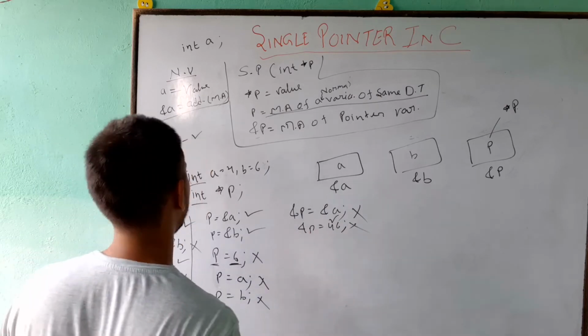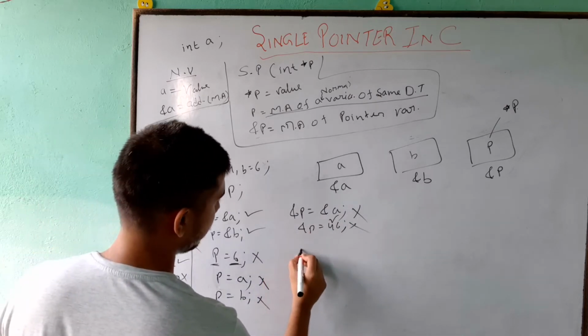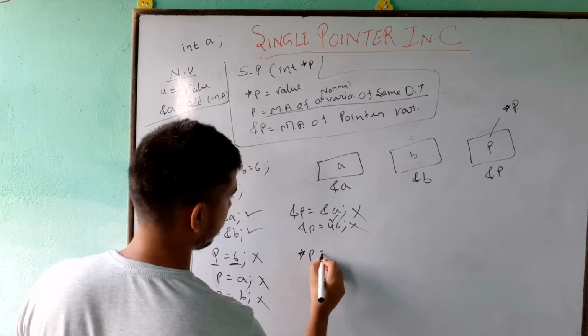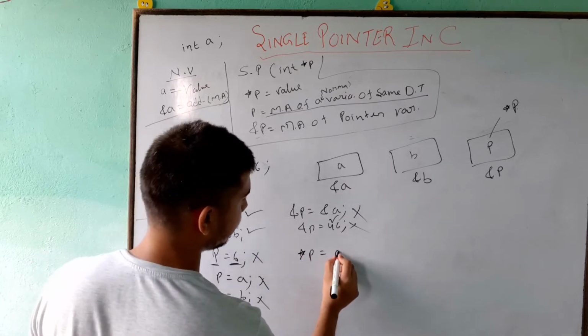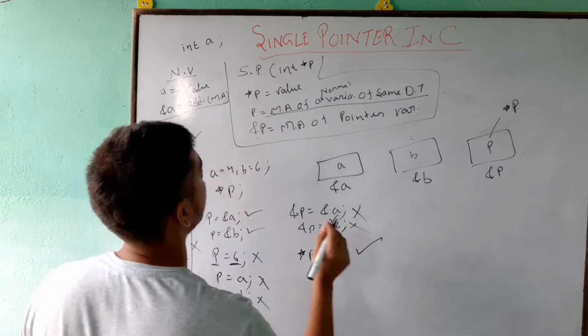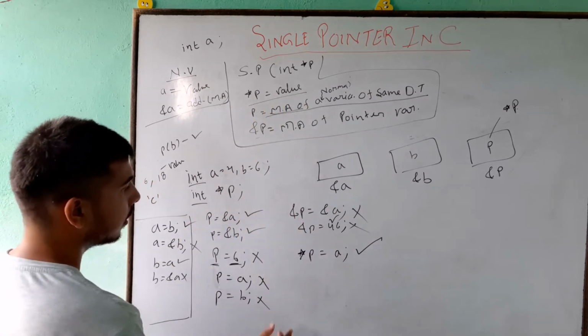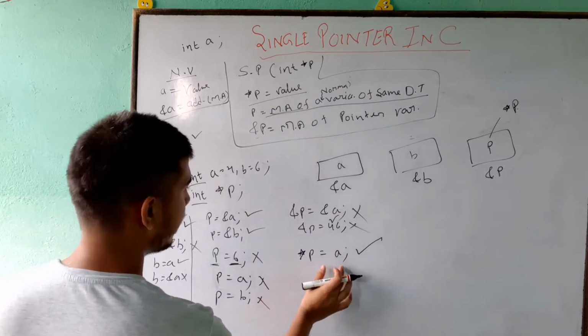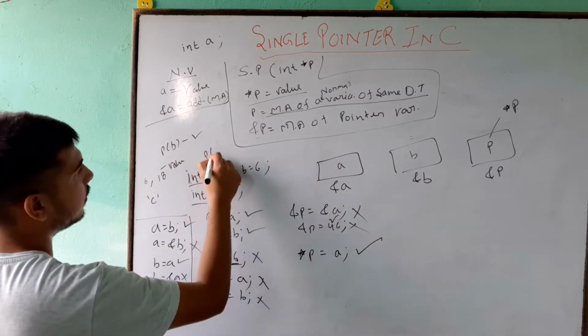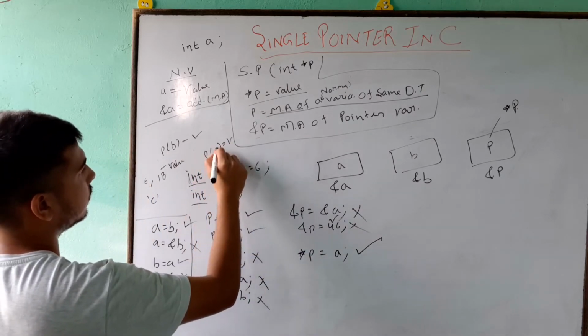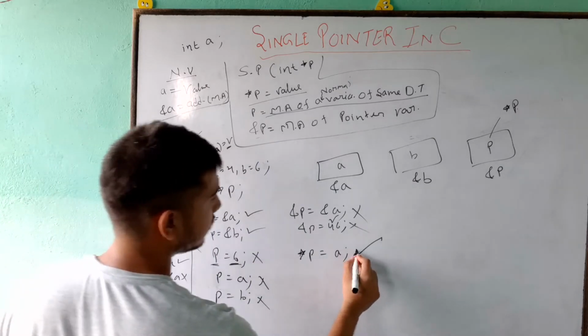Now let's talk about *p. If I am saying *p = a, is it okay? Yes, it is okay. Why? Because it should hold a value. Now *p is holding a value. What is a? Print of a is a value, so it is okay.